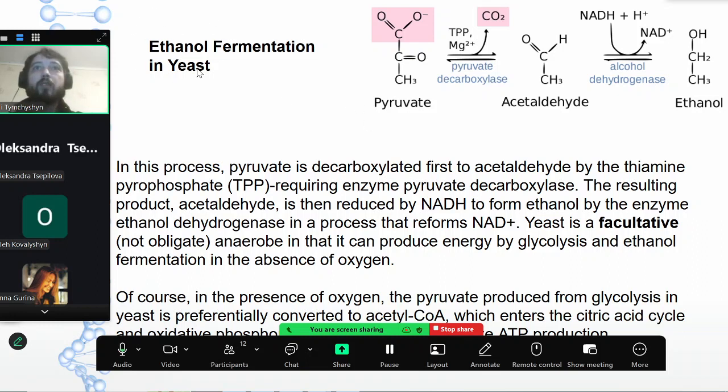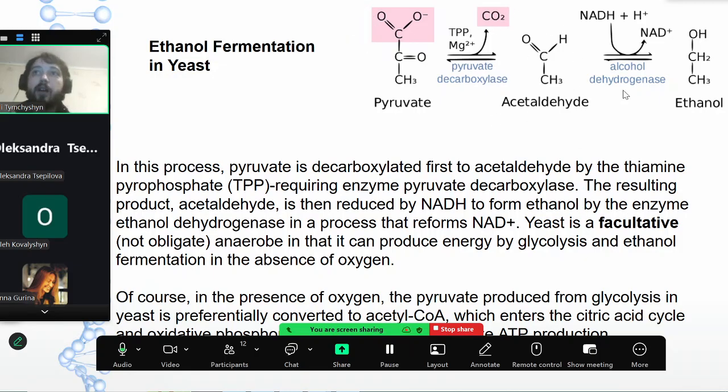Here is an example of ethanol fermentation in yeast. Here is pyruvate. You see that pyruvate decarboxylase, using TPP and magnesium, can get rid of this part of the molecule, so that's basically throwing away a CO2, and you get acetaldehyde.